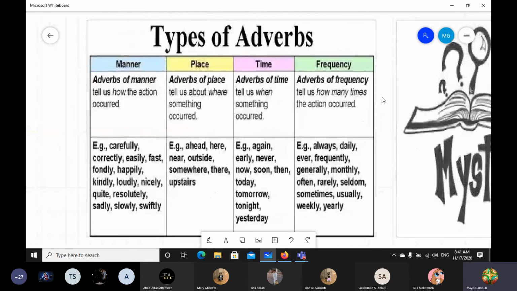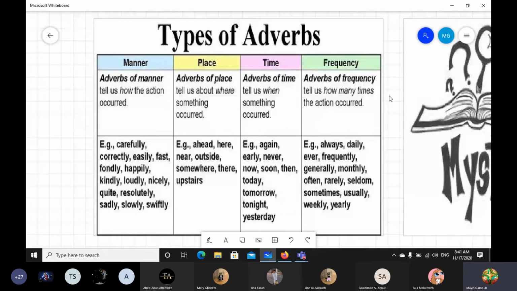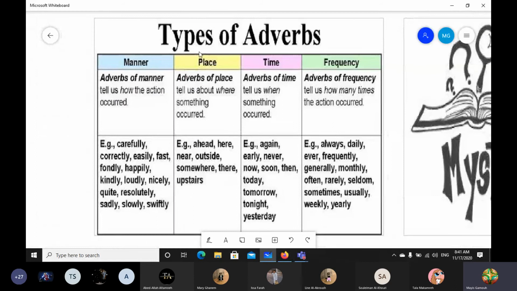So here, one more time, to explain the types of adverbs in detail. Here we have adverbs of manner, and it tells us how the action occurred. So our keyword here is how, and a couple of examples regarding them: carefully, easily, fast, happily, loudly, slowly, swiftly.